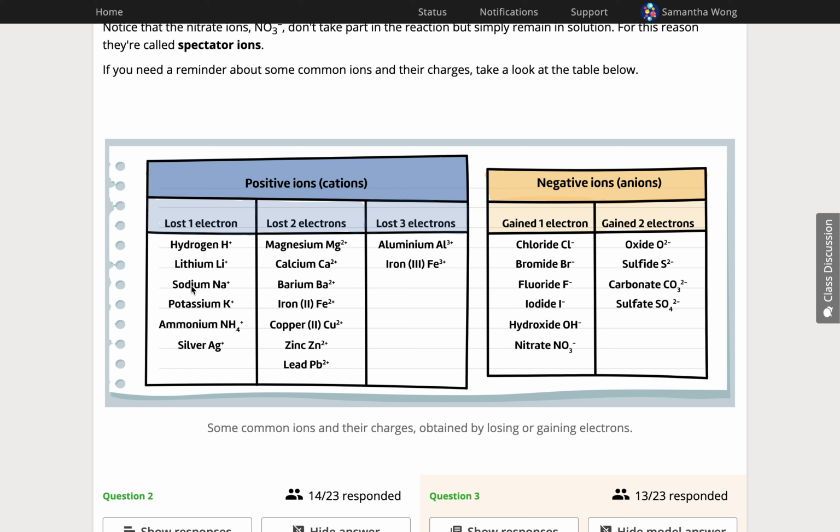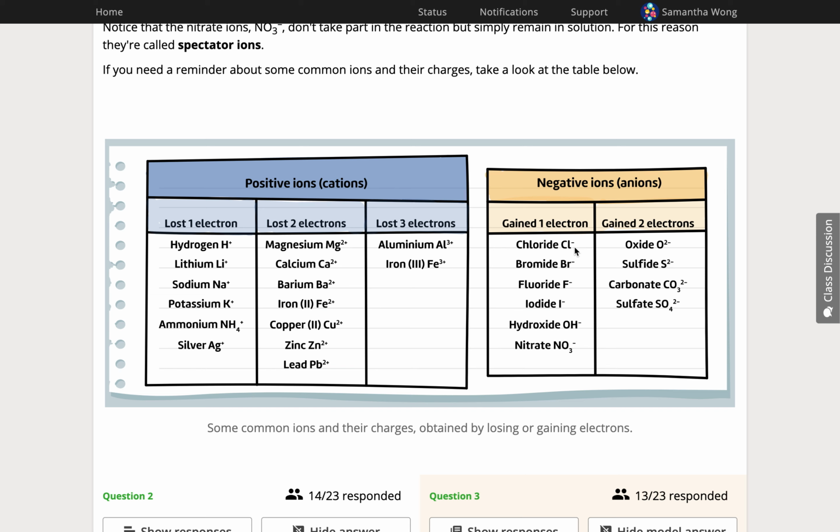Now the reason for that is sodium has a charge of +1, so positive. Silver also has a charge of +1, whereas chloride has a charge of -1. Just like with a magnet, when you put two magnets with the same end pointing at each other, what's actually going to happen to them?